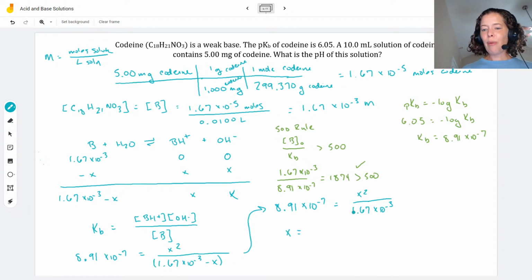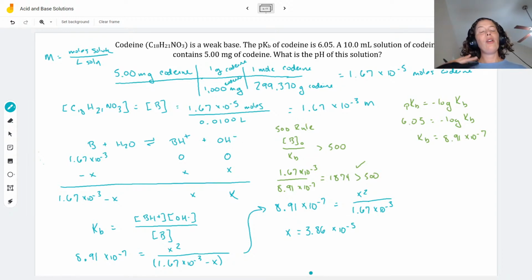Okay, so this is a lot easier to solve for x because I'm just going to bring the denominator over to the left and take the square root. And I did that, and I get a value of x of 3.86 times 10 to the negative fifth.